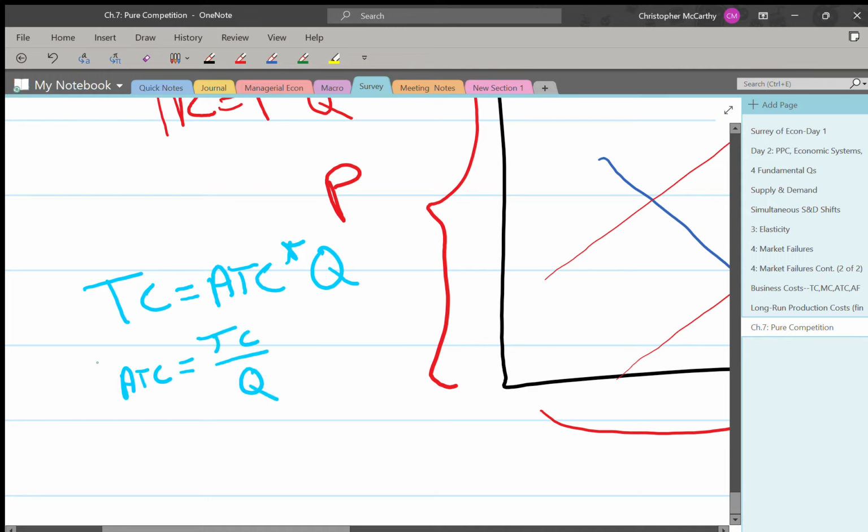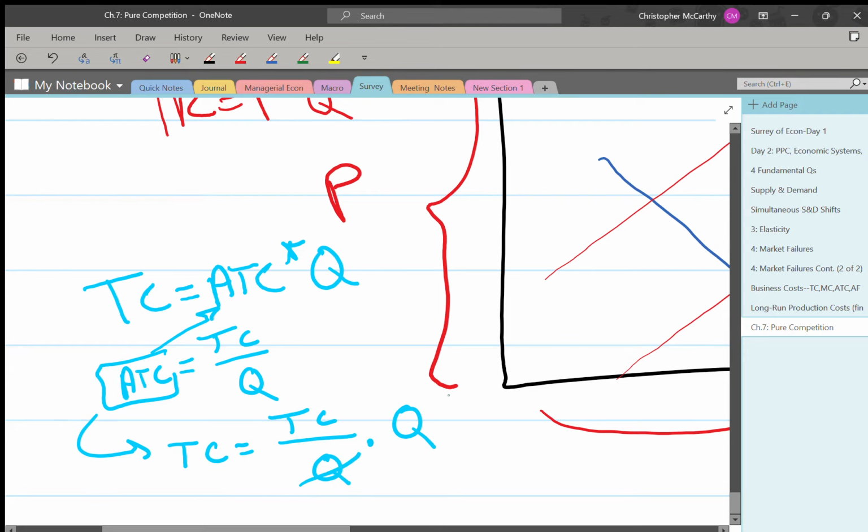So now let's substitute this back into this original equation. And I end up with total cost is equal to total cost over Q times Q. So this Q annihilates itself, and we end up with total cost equaling total cost, right? So that's how I ended up getting this right here.